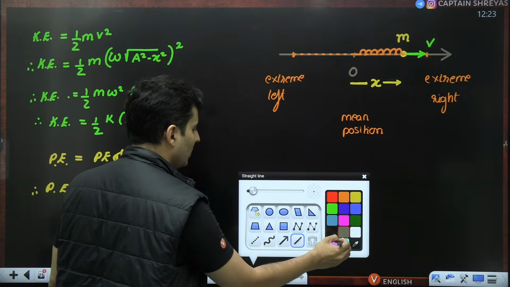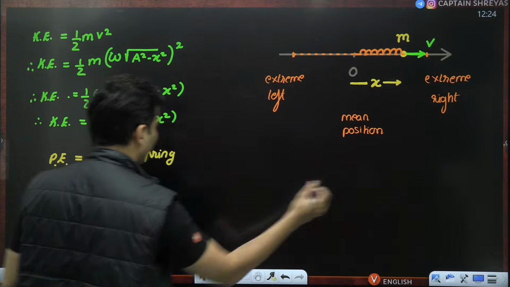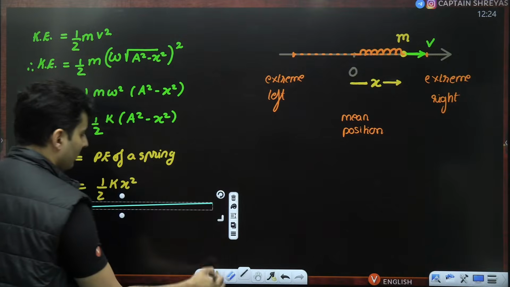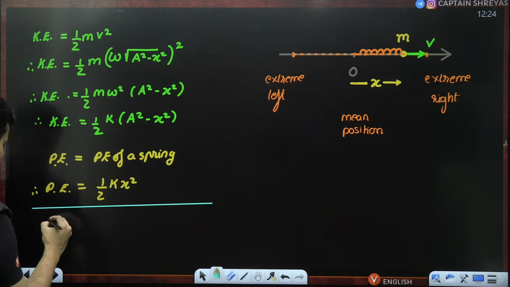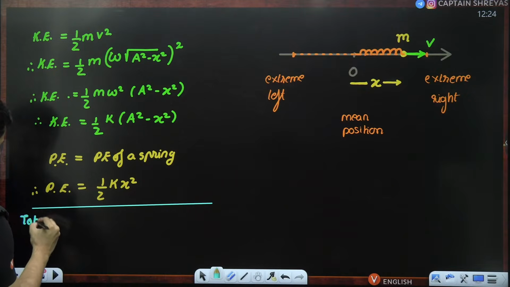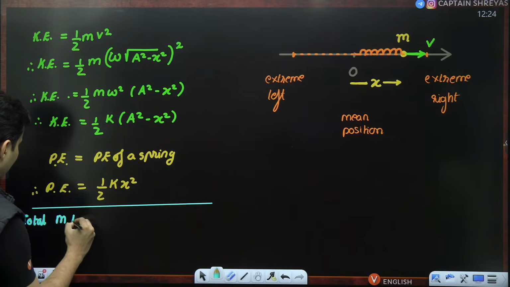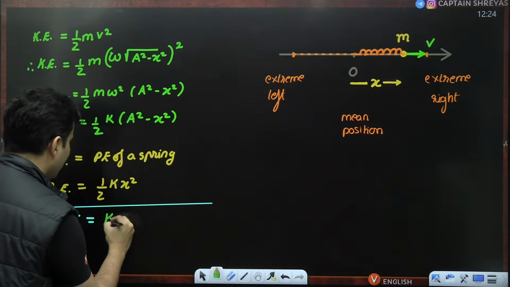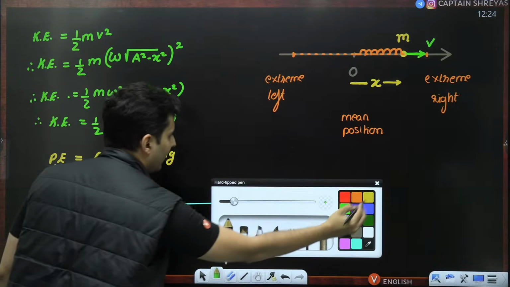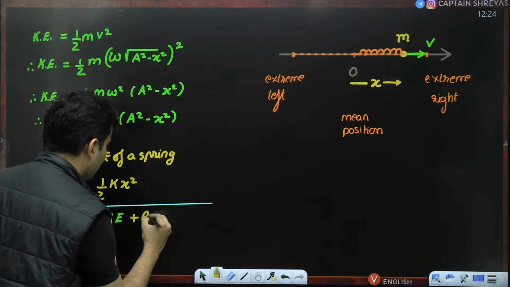Now what I do is basically I will add both of them and see what I get as the answer. Basically we are talking about the total mechanical energy, which is nothing but your kinetic energy, and you add to it the potential energy.